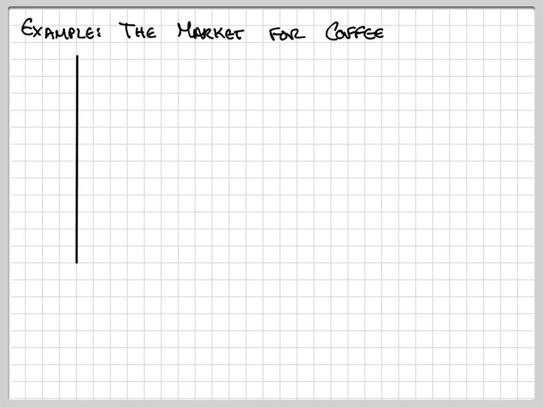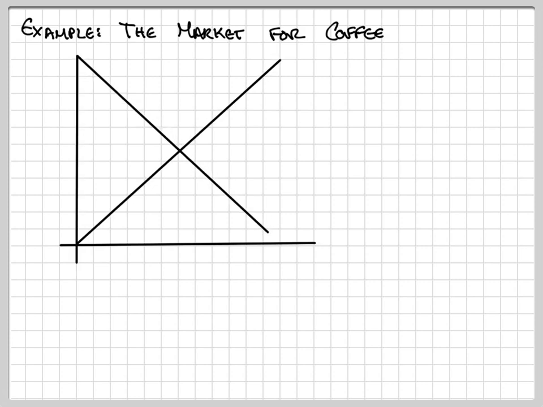And so suppose in the market for coffee, we had the following curves. So here are our axes. Here's our supply curve. Here's our demand curve.